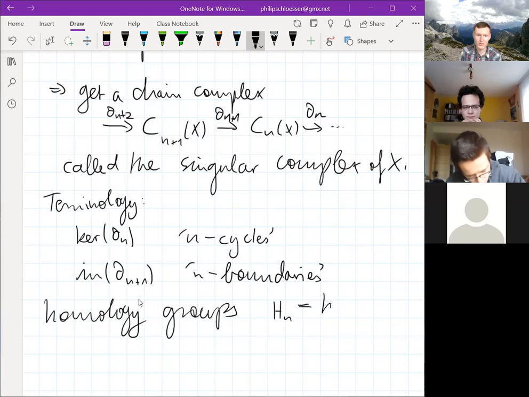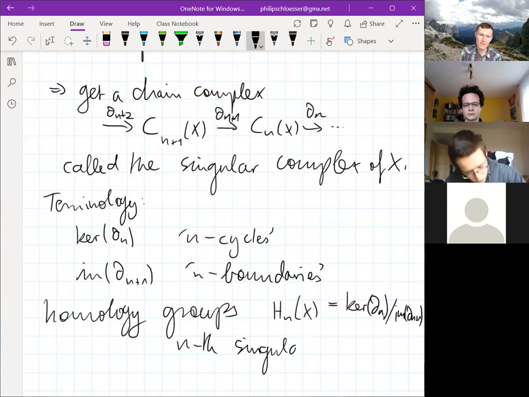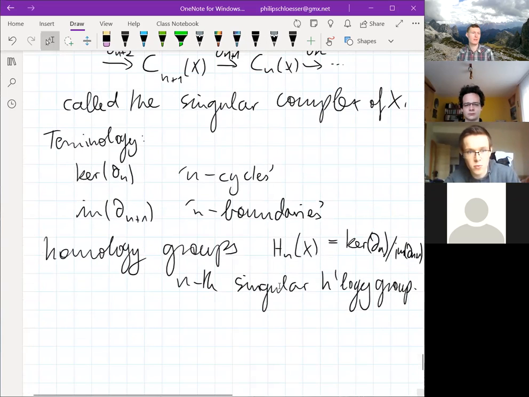Hn of X is the kernel of partial n divided by the image of partial n plus 1, and is called the nth singular homology group.